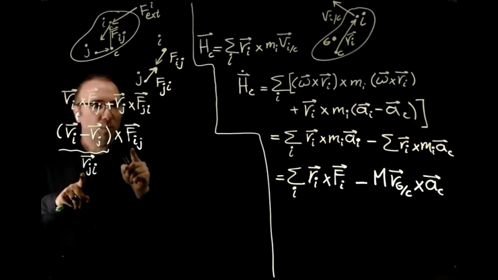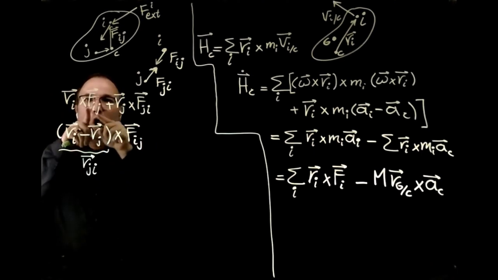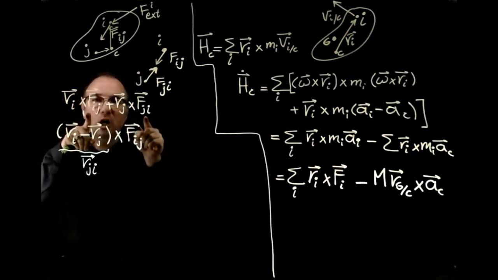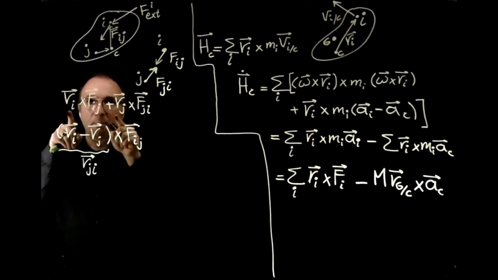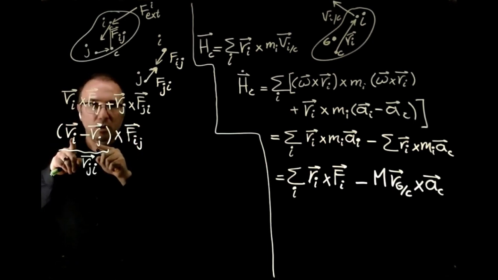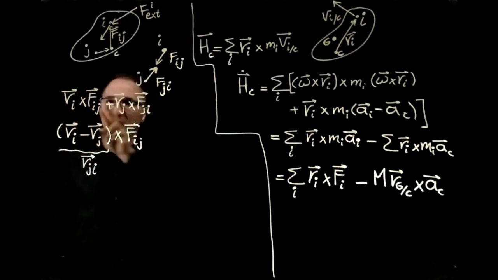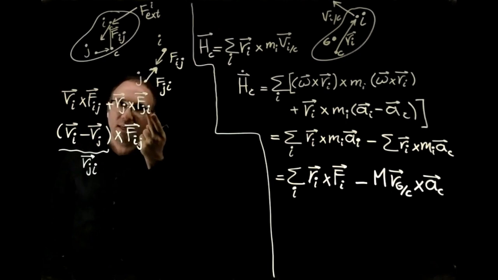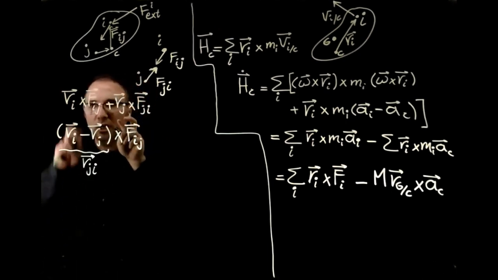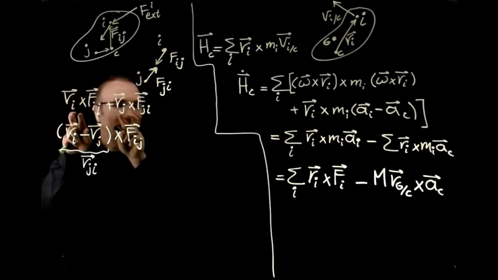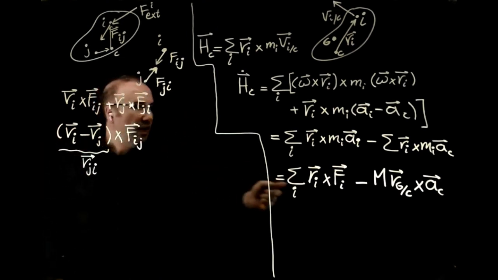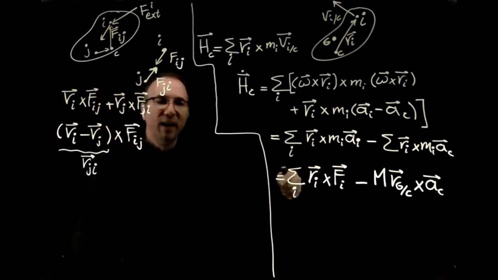So again, the cross product would be zero. So all internal forces, they come in pair. And because of this, they would vanish. So for each internal force, I would have a counterpart in the opposite direction. And we have something like that. So all the internal forces in this summation would vanish.